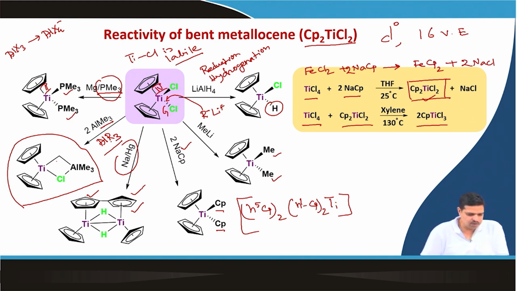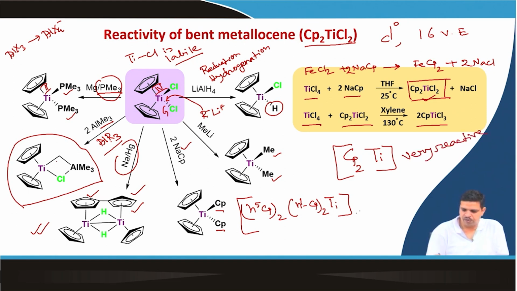I'll discuss this in more detail, and also the chemistry of Cp2Ti, because this one is really very reactive. It is prepared from Cp2TiCl2 in the presence of sodium amalgam.